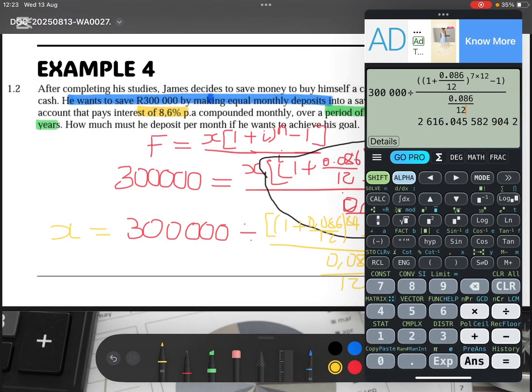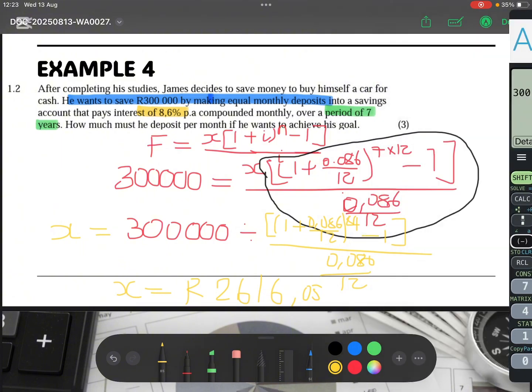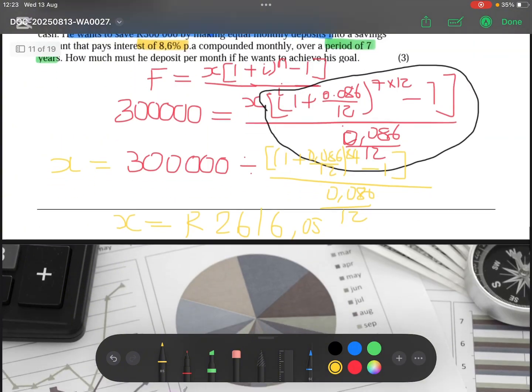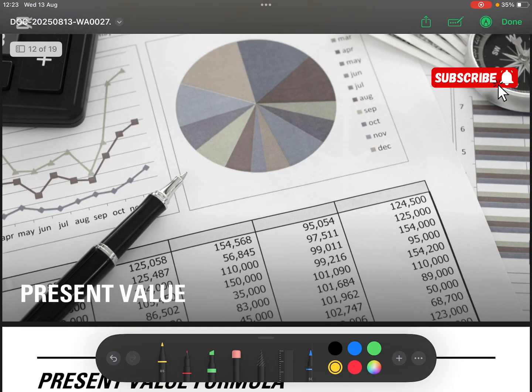So this person, James, must deposit an amount of 2,616.05 every month for him to accumulate an amount of 300,000 for the period of 7 years at an interest rate of 8.6% compounded monthly.